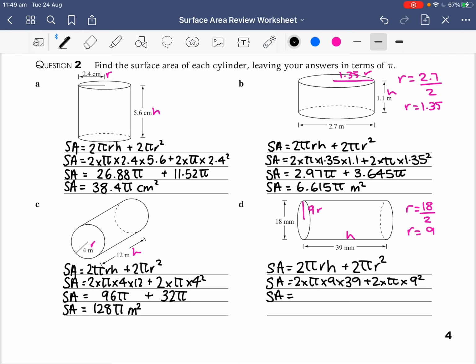So surface area equals 2 times 9 times 39, which is 702 pi, plus our 2 times 9 squared, which is 162 pi. So 702 plus 162 is a surface area of 864 pi.